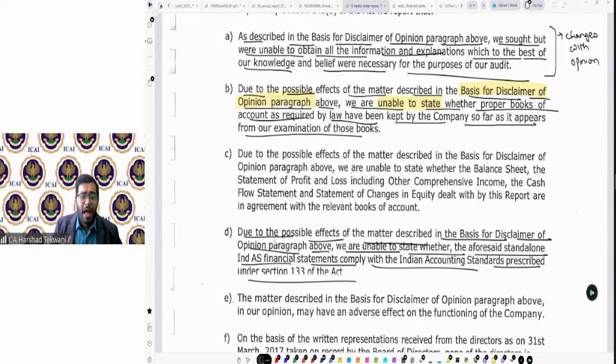Means they are unable to state because of the disclaimer of opinion. So the wordings of these reporting requirements change, as the disclaimer of opinion or the opinion has an impact on additional reporting as per the Companies Act.